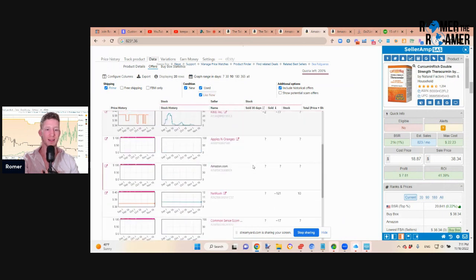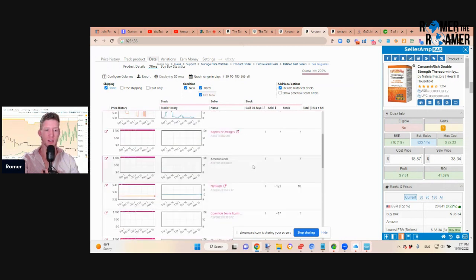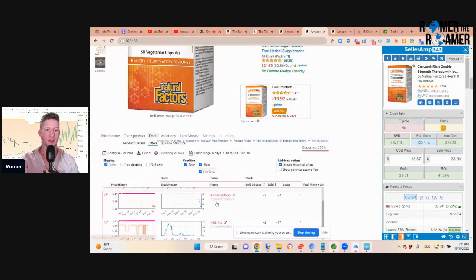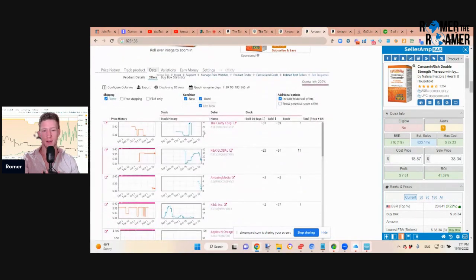Now keep in mind that this is just monitoring stock history. Somebody could dispose of the items and their stock could go down, or maybe they remove their items back to their warehouse, or maybe Amazon transfers their items to another warehouse. So just know this is tracking the stock history of other sellers' items.